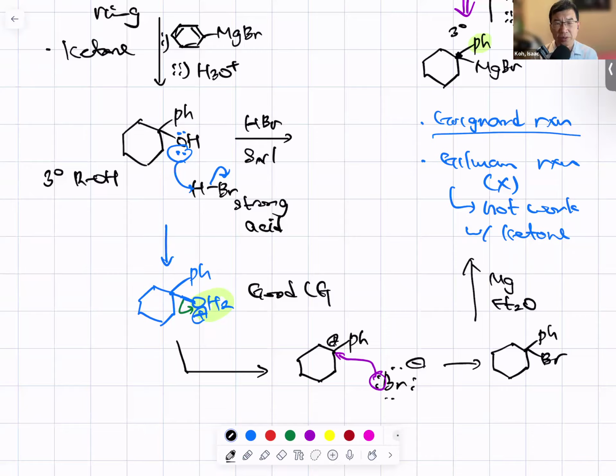Then it is turning into a carboxylic acid, elongating the carbon chain by one carbon, but there are limitations. For sodium cyanide, we have to use primary alkyl bromide as a substrate. If it is tertiary alkyl bromide, we cannot use sodium cyanide because SN2 reaction does not occur for a tertiary alkyl bromide.